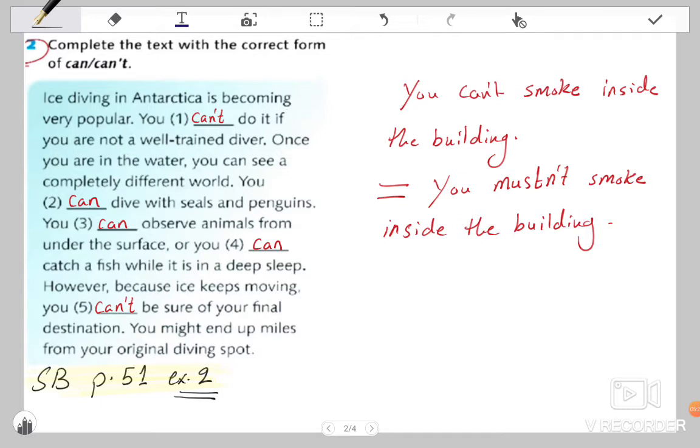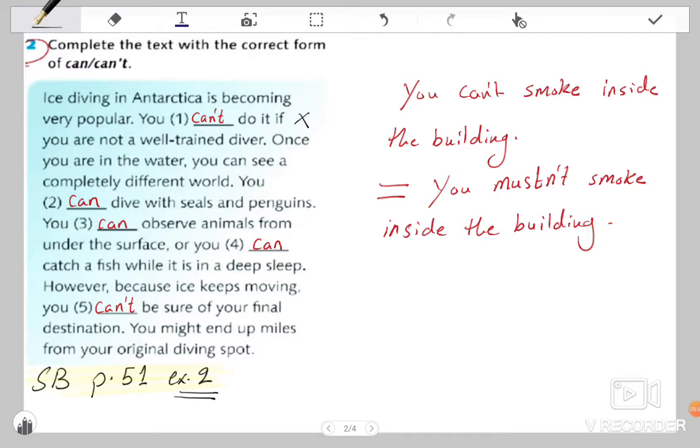So, you can't. You are not allowed because you don't have the ability to do that if you are not well trained. Now, once you are in the water, you can see a completely different world. You can dive. Now, you are in the water, so you have the ability to do these things. Okay? You can dive, you can observe animals, you can catch fish.